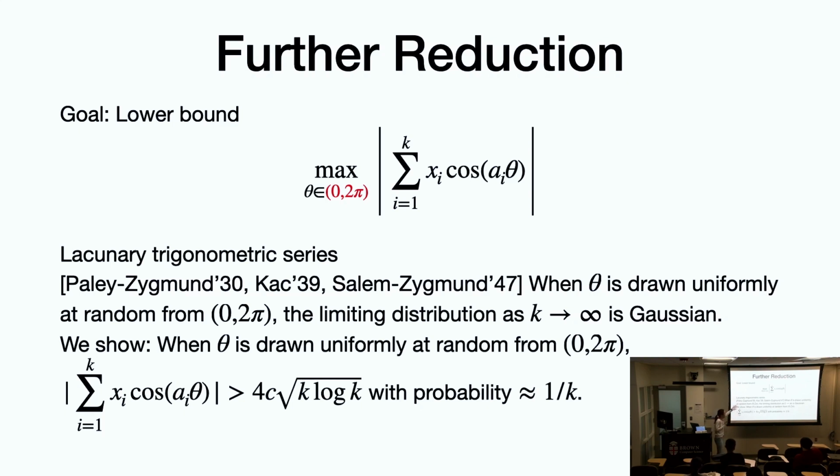This is not enough for our proof. We show that when theta is drawn uniformly at random from this interval, then with probability roughly 1 over k, the absolute value of this sum is greater than 4c times root k root log k.